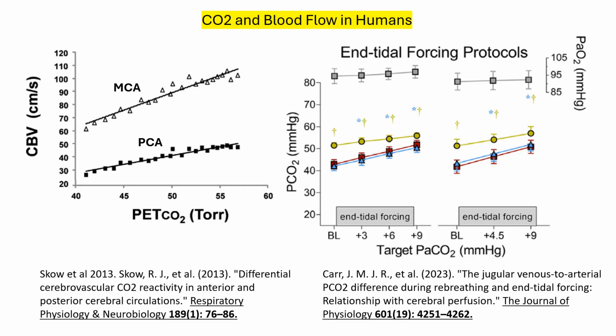Carr and colleagues demonstrated that CO2 washout does occur for the cerebral cortical circulation, showing that the difference between jugular venous and arterial partial pressure of CO2 decreases with increasing CO2 in steady-state experiments.